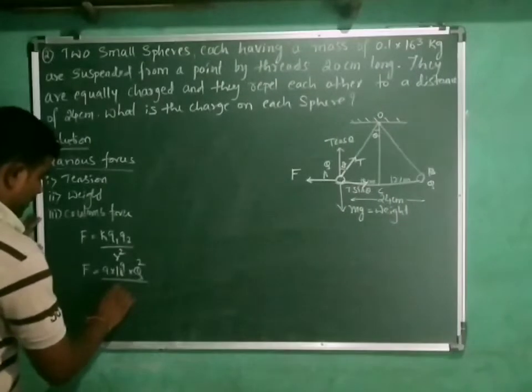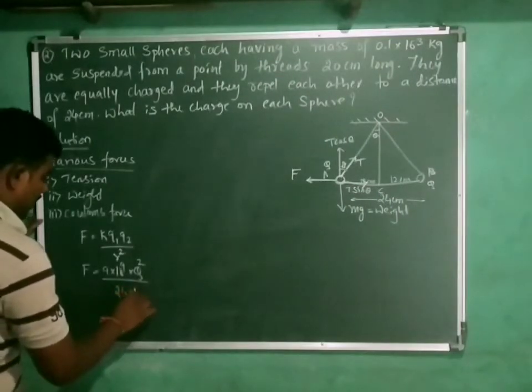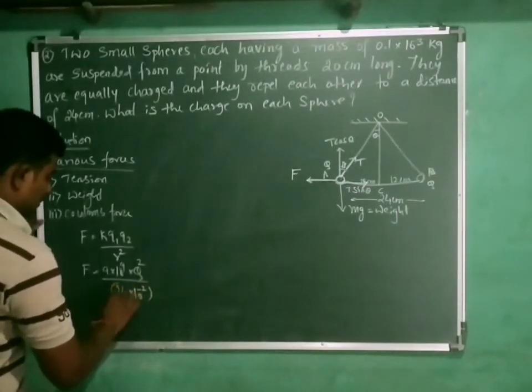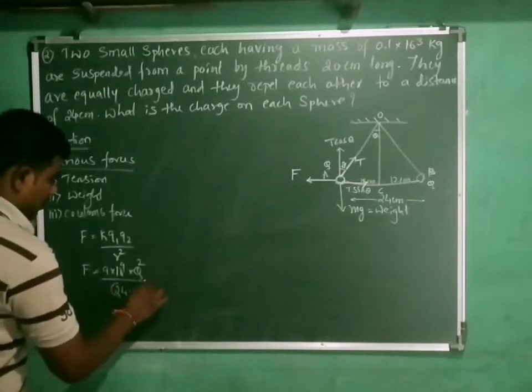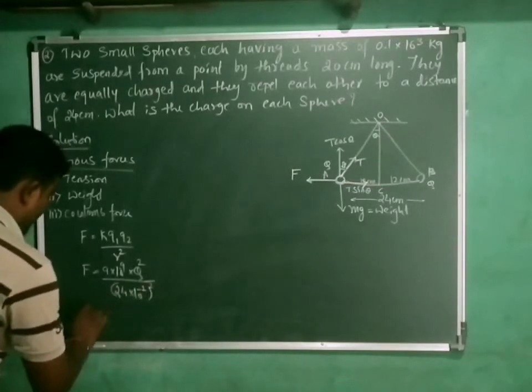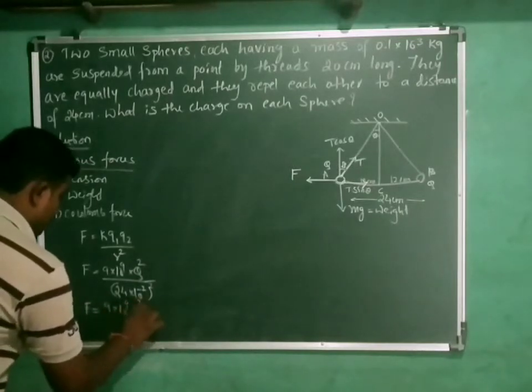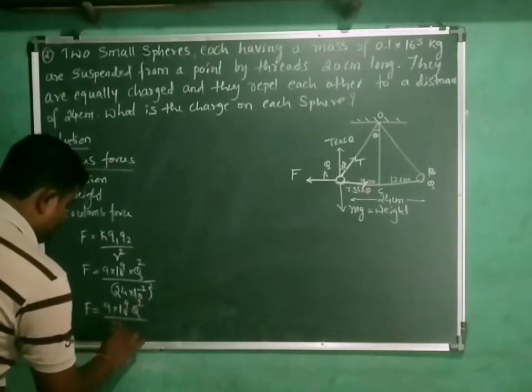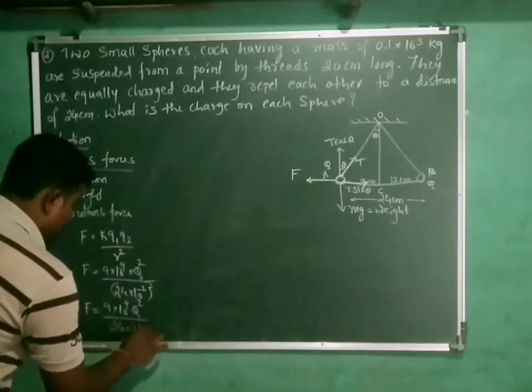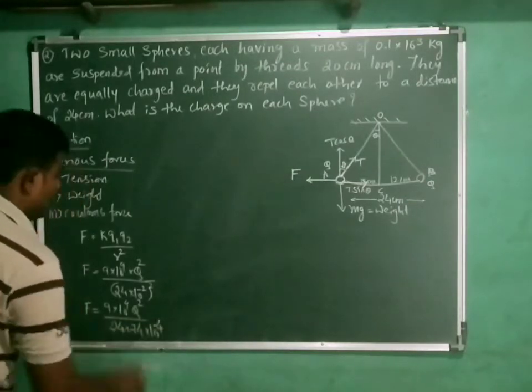Therefore I can write it as 24 into 10 to the power minus 2, because it is in centimeter, we shall convert it into meter. So F is equal to 9 into 10 to the power 9 Q square divided by 24 into 24 into 10 to the power minus 4.